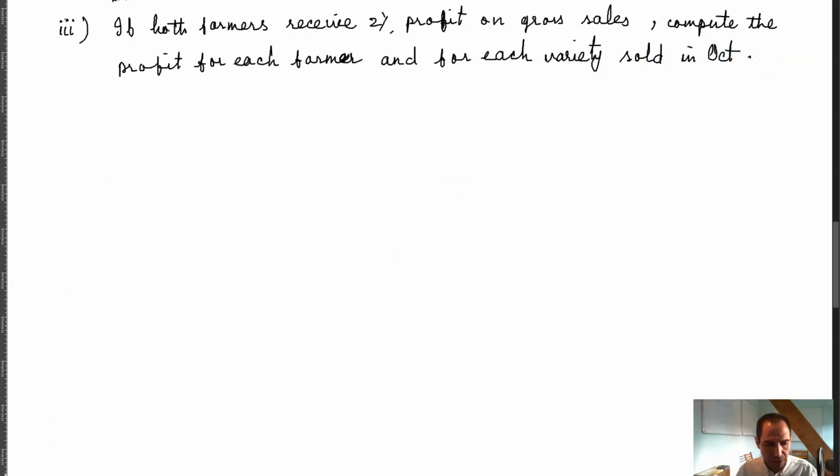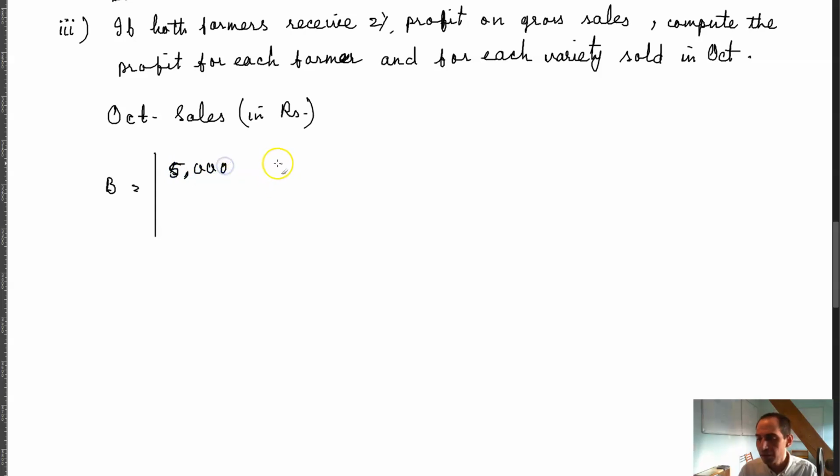So the sales in October, in rupees, were basically the matrix B, which was 5,000, 10,000, 6,000, 20,000, 10,000, and 10,000.